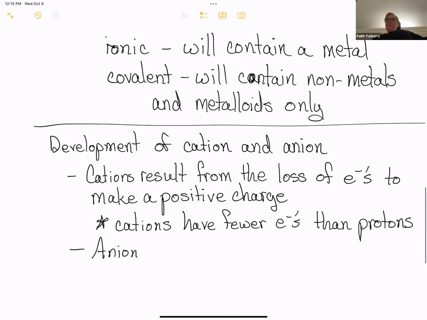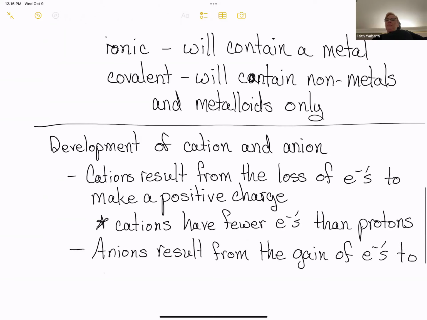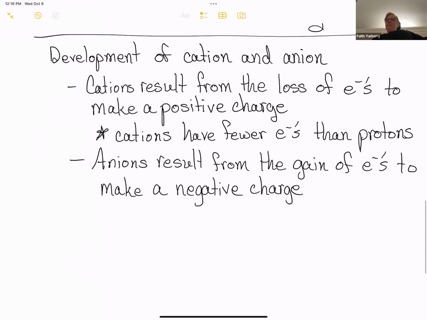Anions result from the gain of electrons to make a negative charge, meaning anions have more electrons than protons.